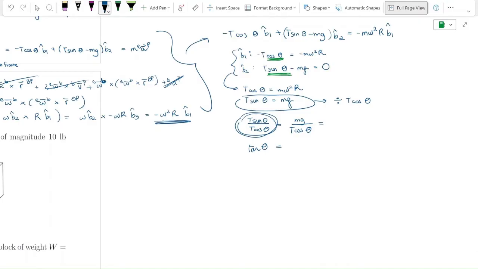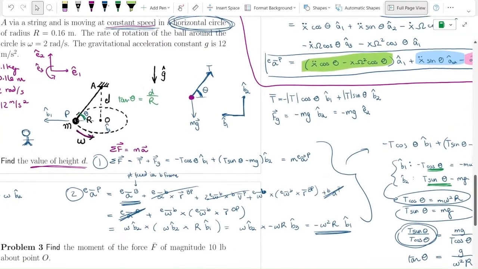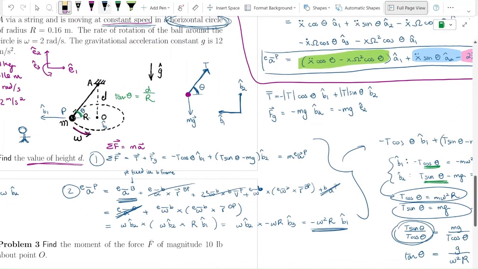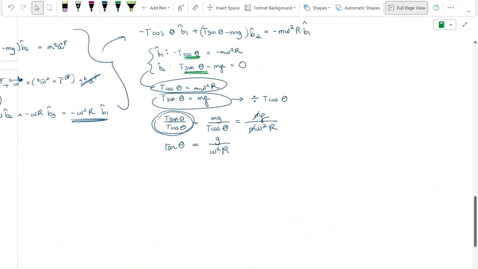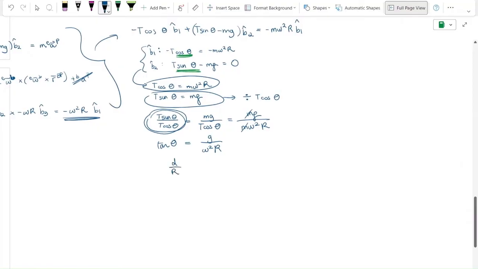And then mg over T cosine theta, we know that T cosine theta equals this, so we have mg over m omega squared r, which just gives us g over omega squared r. And tangent of theta is equal to d over r, so d over r equals g over omega squared r.